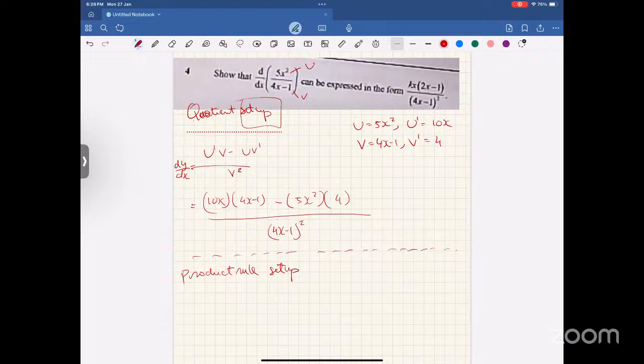Maybe, I'm guessing. Now, this is your setup, and I'm okay with that if you're using a product rule. That's your u, and that's your v. Now, your u is that, therefore your u prime is an x. Your v prime is minus 1, 4x minus 1 minus 2 times 4. Do you understand?